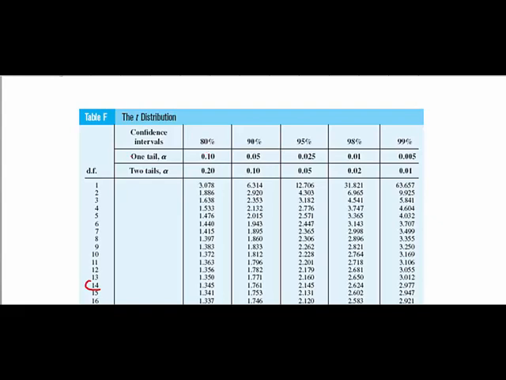This is a one-tail test, and therefore our alpha for the one-tail test is 5%. So we need to look in this column here. We scroll down from the 5% one-tail to the 14 degrees of freedom until we get right here, which is our critical value of 1.761.